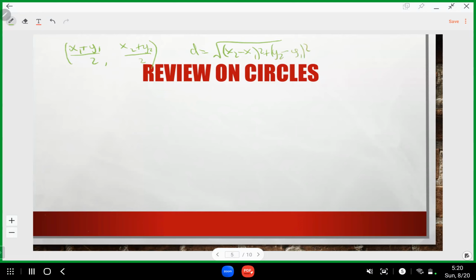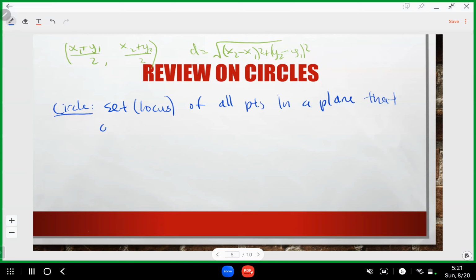What is a circle? A circle is basically a set or a locus of all points in a plane that are equidistant, meaning, of course, equal distance, from a fixed point called the center.